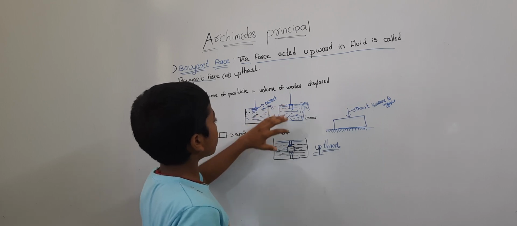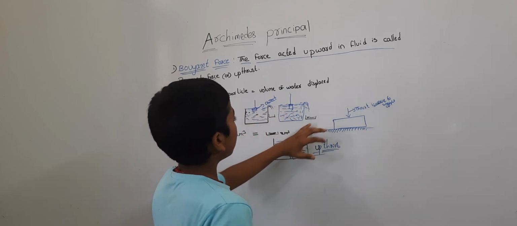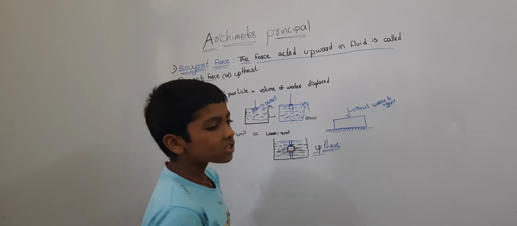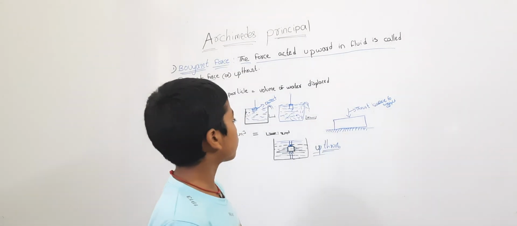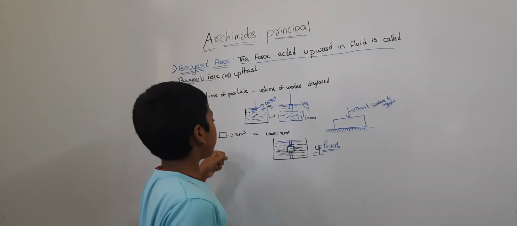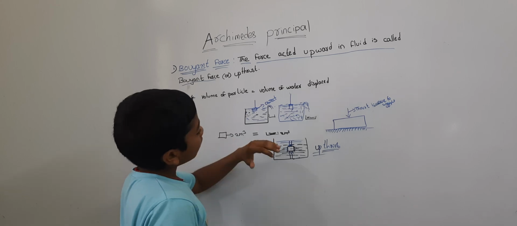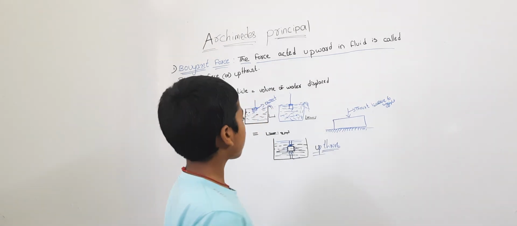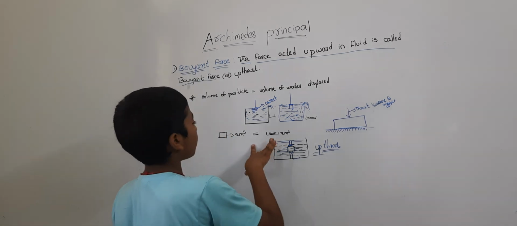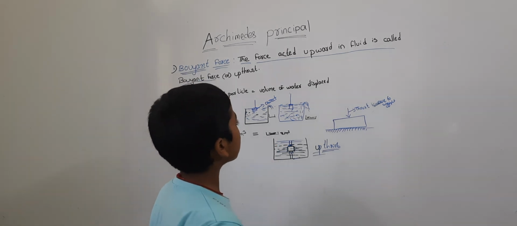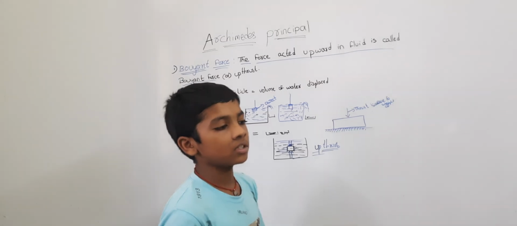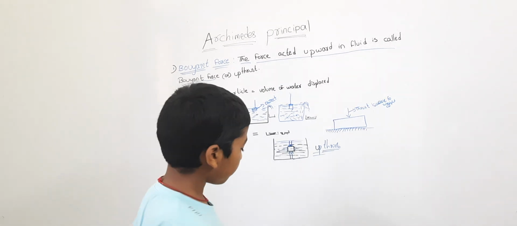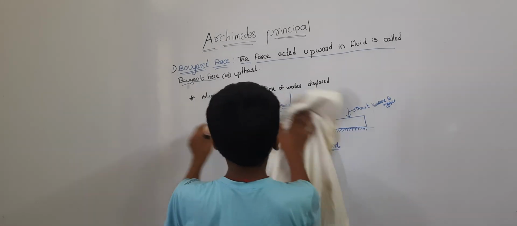Store the displaced water in another container and measure its volume. Now you find the volume of water displaced and the volume of the object are equal. Both are equal volumes. This is because of upthrust.